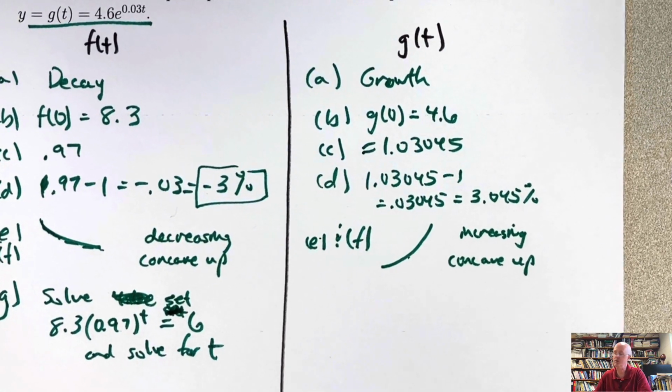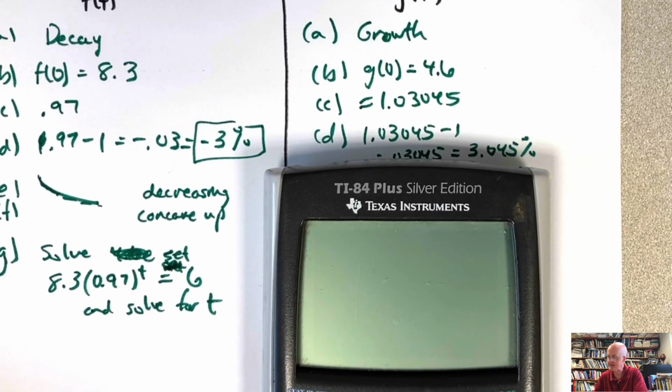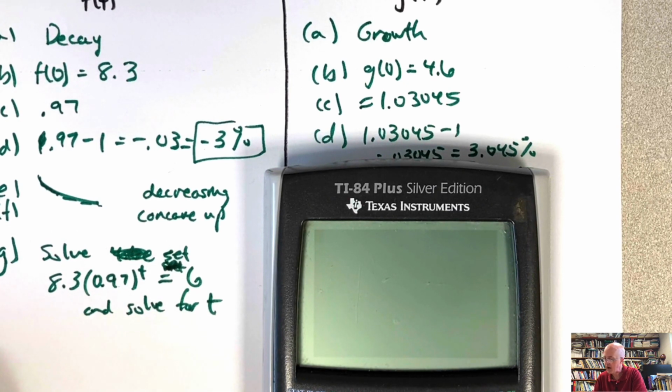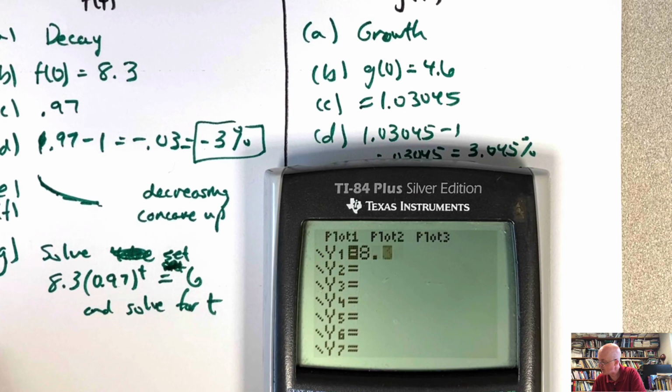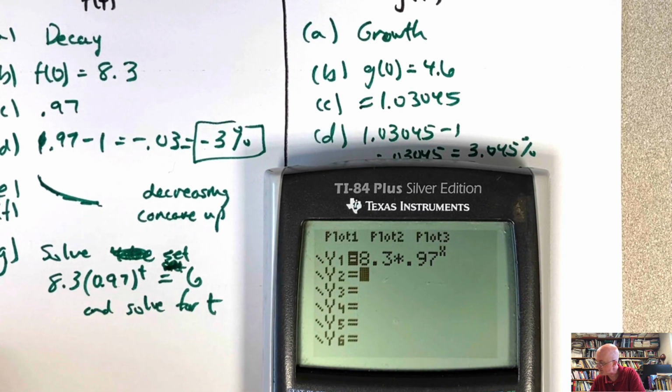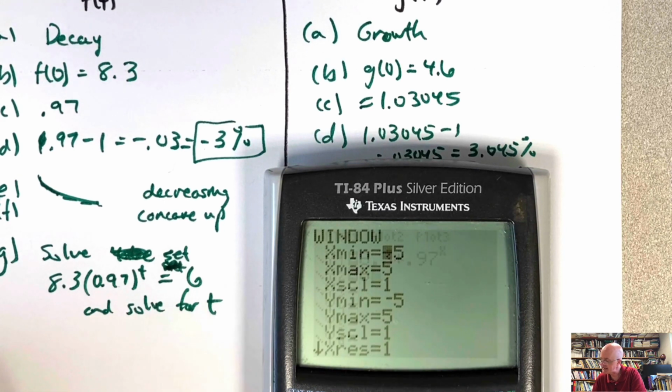Okay, we're going to just do it with technology. We can graph this thing as a function of t. We can also graph a horizontal line at y equals 6 and see where they intersect. So we have the function 8.3 times 0.97 to the t power, which of course in the calculator is going to be an x power. And we also want to graph the function y equals 6, and we want to see where these intersect.